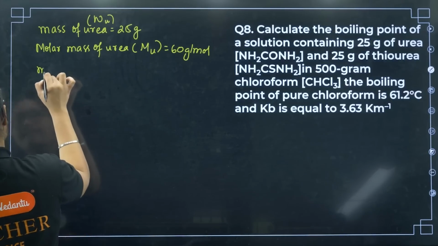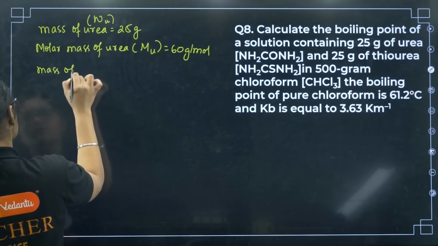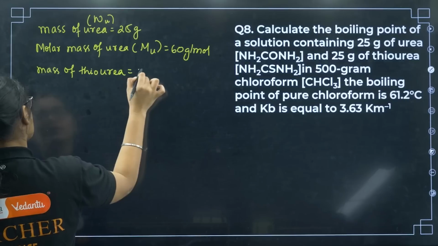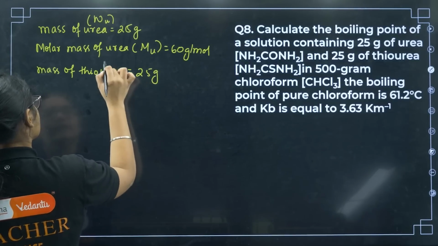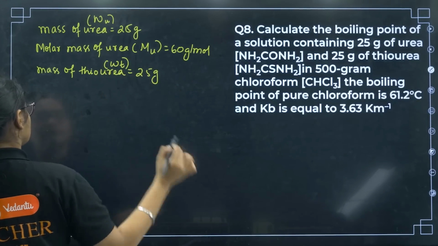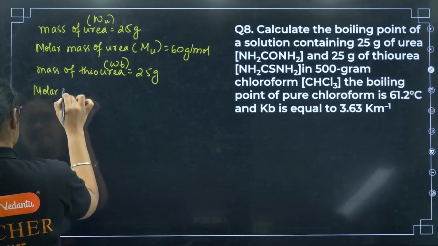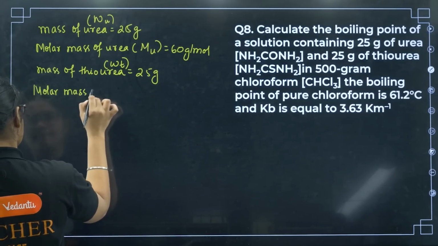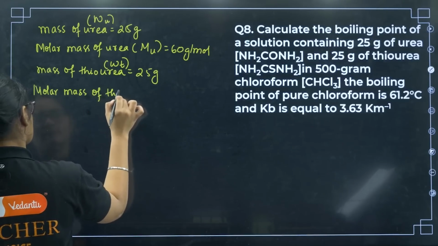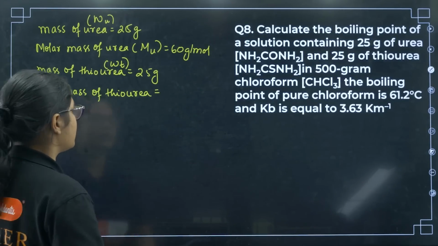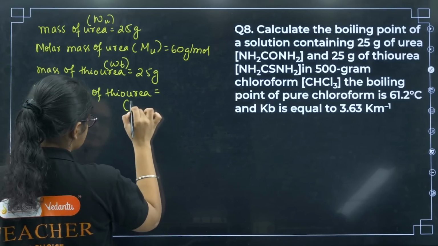Then I'll write mass of thiourea, 25 gram, which I can mention as Wt, okay. Next you have molar mass of thiourea, which I can mention as Mt.